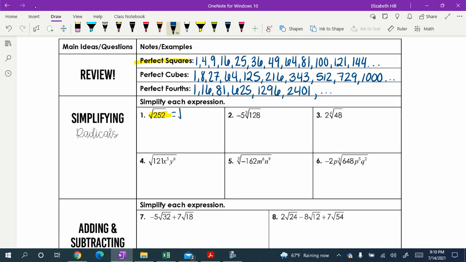So we can break this up into the square root of 36 and the square root of 7. So 7 times 36 gives us 252. Now I can take the square root of 36, which is 6, and we're left with 6 square roots of 7.